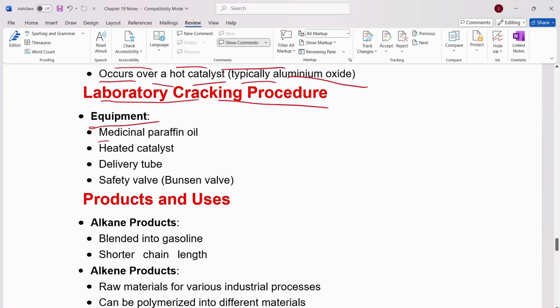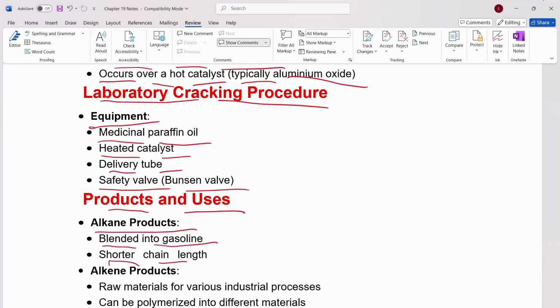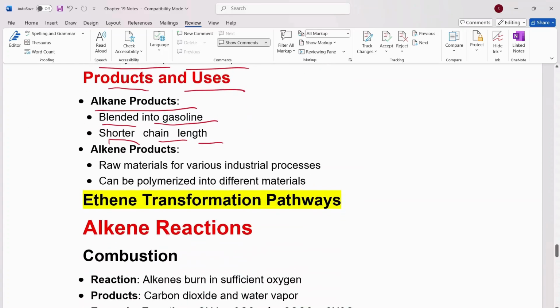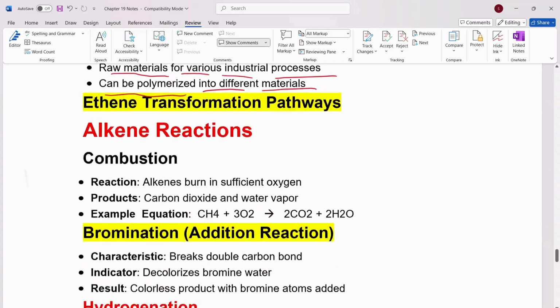Equipment: medicinal paraffin oil, heated catalyst, delivery tube, safety valve, Bunsen valve. Products and uses. Alkane products are blended into gasoline, shorter chain length. Then we have alkene products, raw material for various industrial processes, which can be polymerized into different materials.